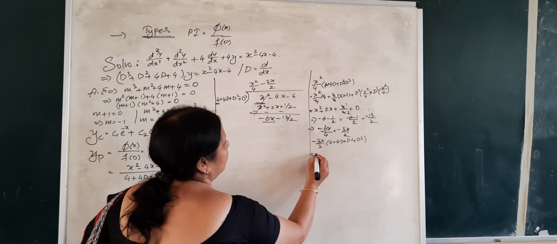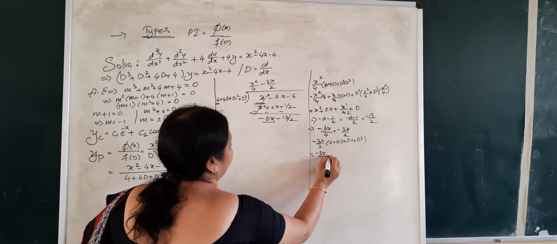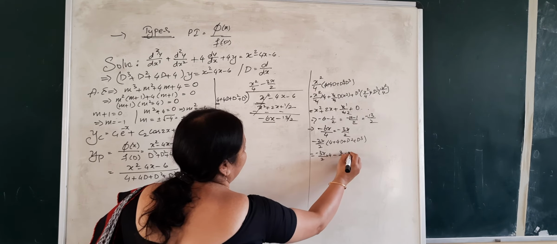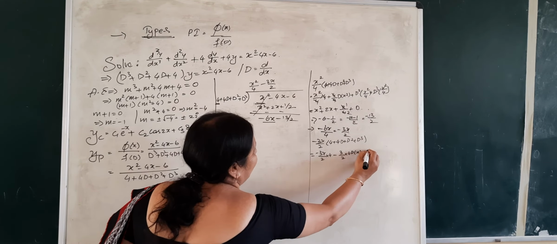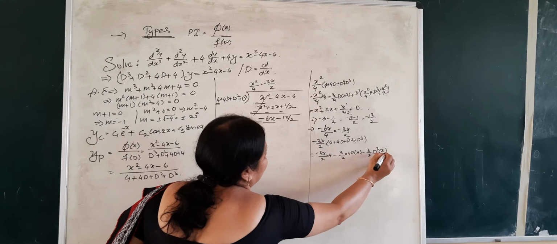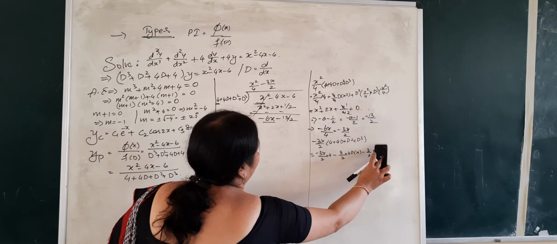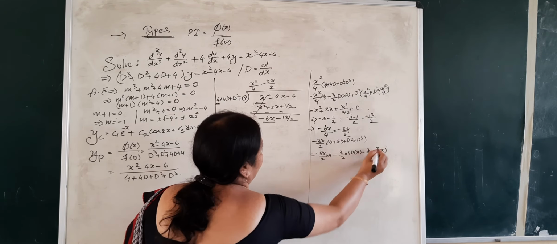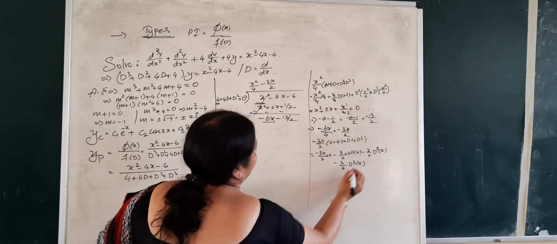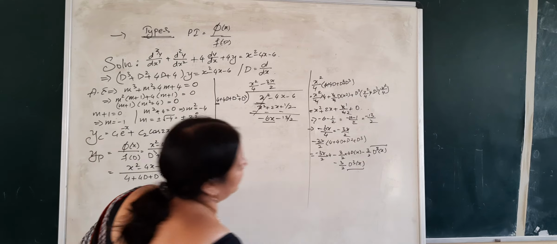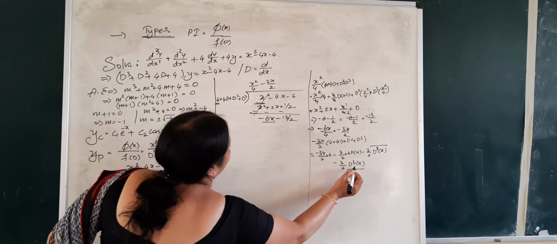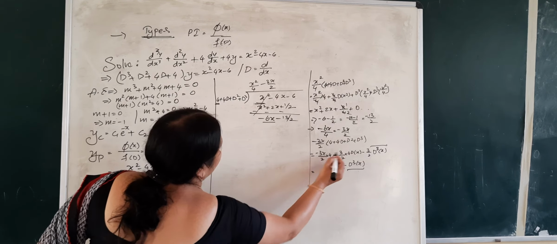Now multiplying here, minus 3x by 2 into 4, minus 3 by 2 into 4 times the derivative of x, minus 3 by 2 into the second derivative of x, again minus 3 by 2 times the third derivative of x. Guys, these terms will be 0 because the order of the derivative is more than the degree of the variable. We will be getting only these two terms.